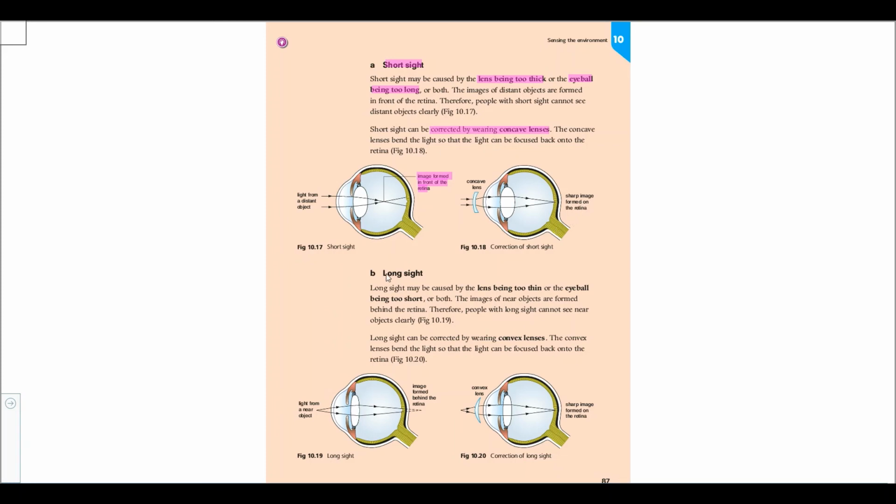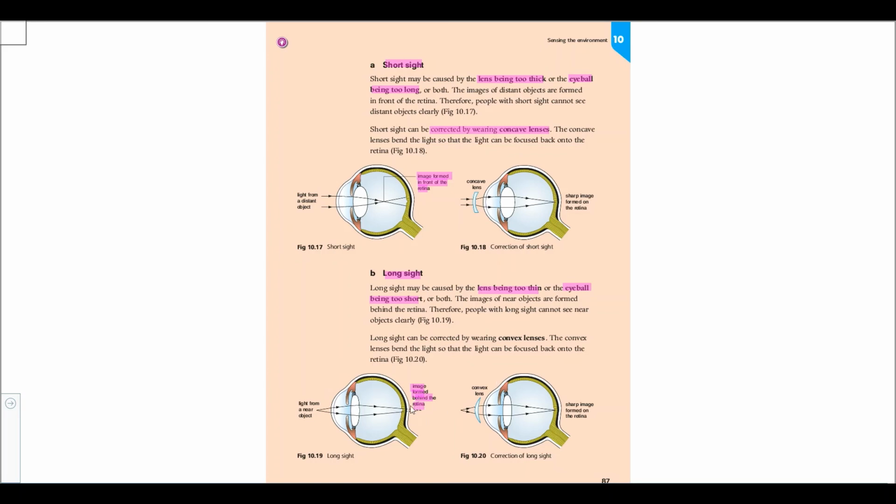For long sight, it is exactly all things being opposite, alright. So thick becomes thin, so the lens becomes too thin, or the eyeball being too long, so opposite would be the eyeball being too short. So all these point to the problem of the image formed behind the retina. So just like what happened to lens C, the thin lens in that experiment.